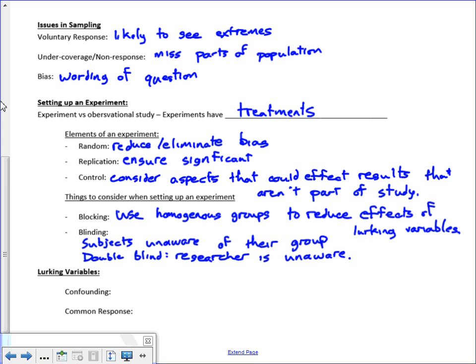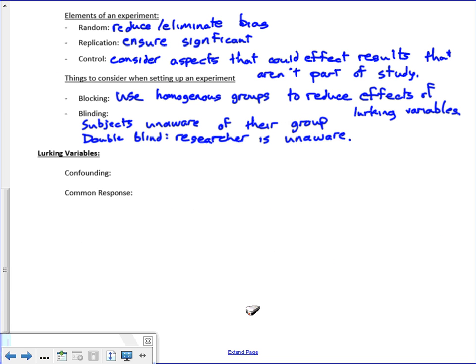There are 2 types of lurking variables, and really if you have trouble differentiating between the 2 of them, you could just refer to them both as lurking. But a confounding variable: we see this relationship between x and y, but a confounding variable all of a sudden is another one that could also account for what's happening with y. In one of the released questions, they took a look at whether or not people ate apples and if that led to cavities, right?